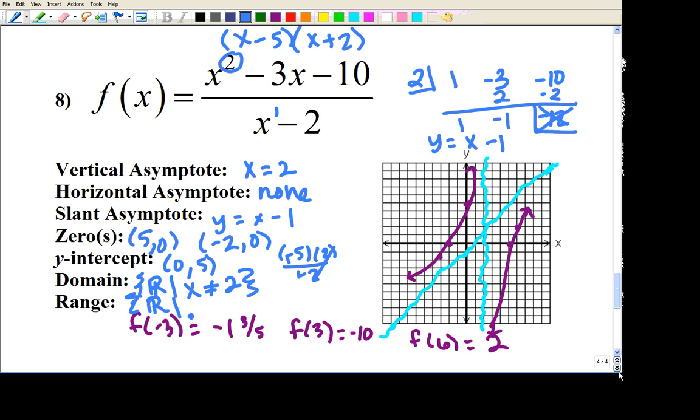okay, so we have to be careful here. Do recall that whenever we had a slant asymptote, I said you didn't have to worry about finding the range, because you'd have to worry about local maximums and minimums.